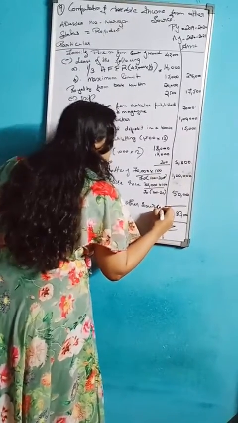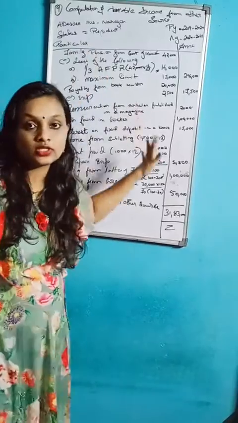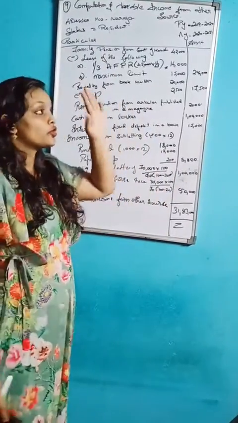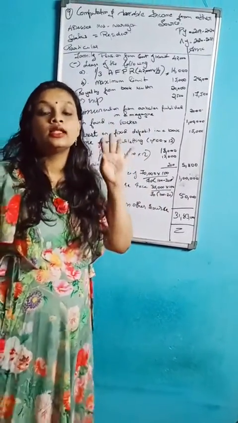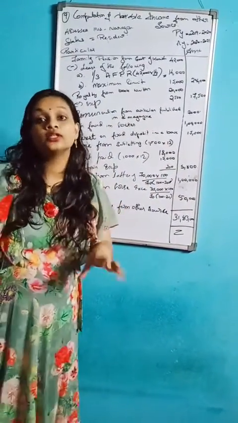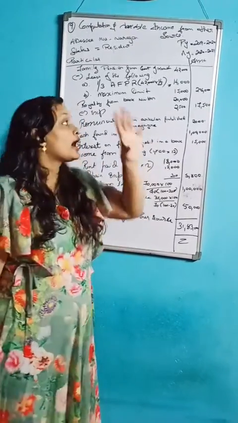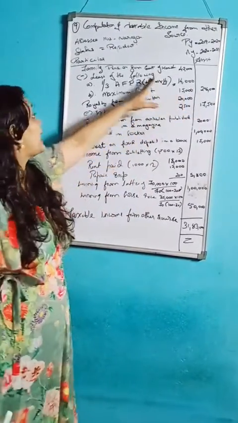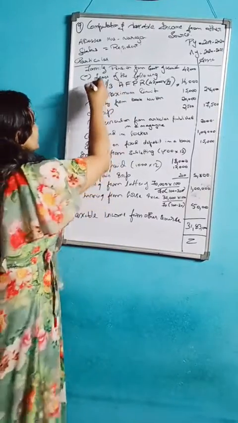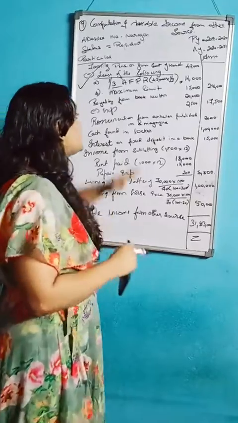So here the new problem is about family pension. You have the format, isn't it? Family pension, that is least of the following: 1/3 of family pension, then maximum limit is 15,000. Based on this format we have calculated. This point is very important.